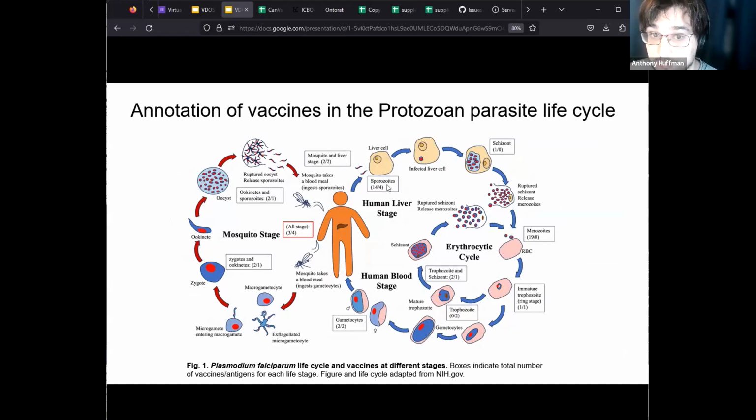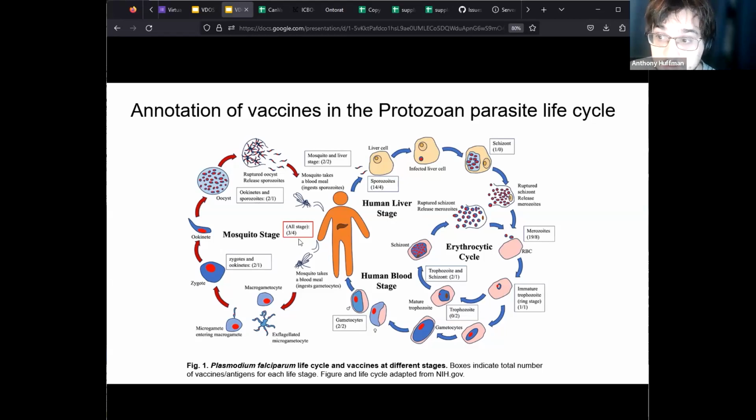So we can see that for Plasmodium, we affect the human liver, we affect blood cells as part of the human blood stage and the erythrocytic cycle, which is responsible for the malaria process, before moving over to the mosquito stage. Each of the boxes contains a list of vaccines that target this stage and the number of antigens that are utilized, and I would like to direct your attention to the red box in the mosquito stage.